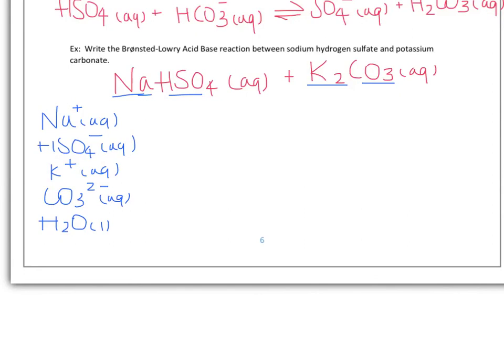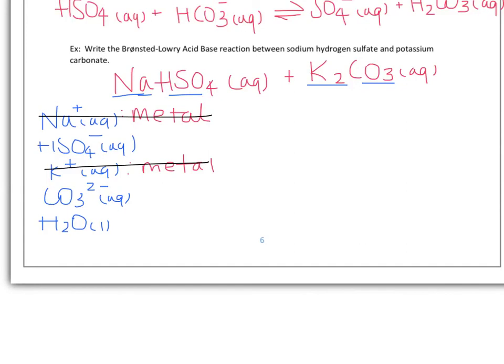Next, we need to label if they are acids or bases. Recognize that we just identified sodium as being a metal, as well as potassium as being a metal. Since metals have no acidic or basic properties, we can automatically take these out of the race.